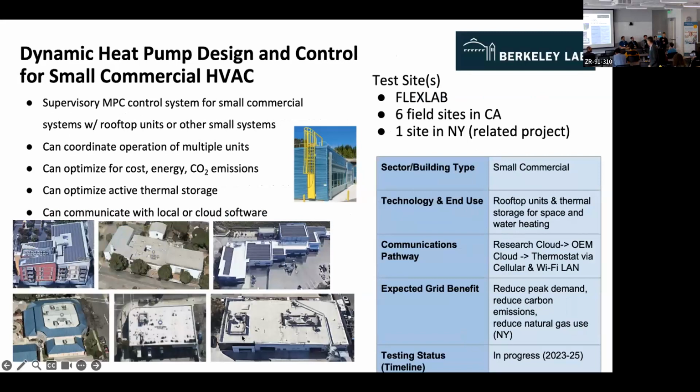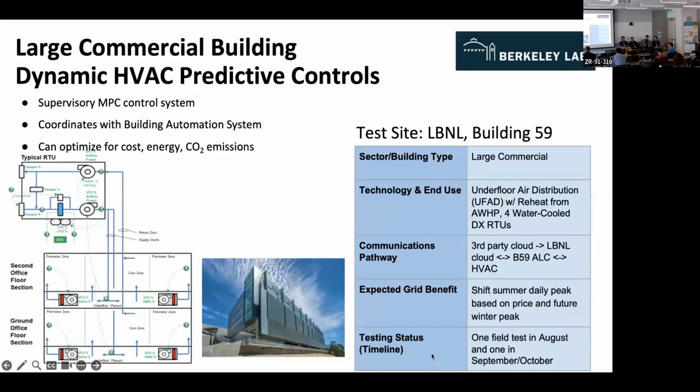No, I think that the deck is wrong. One second. Can I share screen?